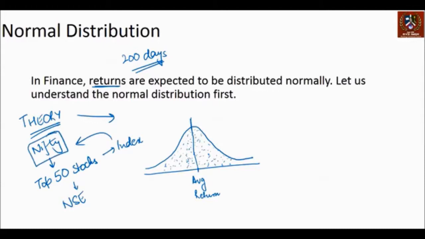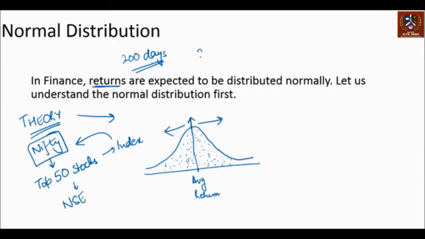And there is a value of this Nifty 50 every day. So we are going to look at this value, and we are going to try and identify what is the average return, right? We can find out the return on a daily basis. How many days the return is below the average and how many days the return is above the average.